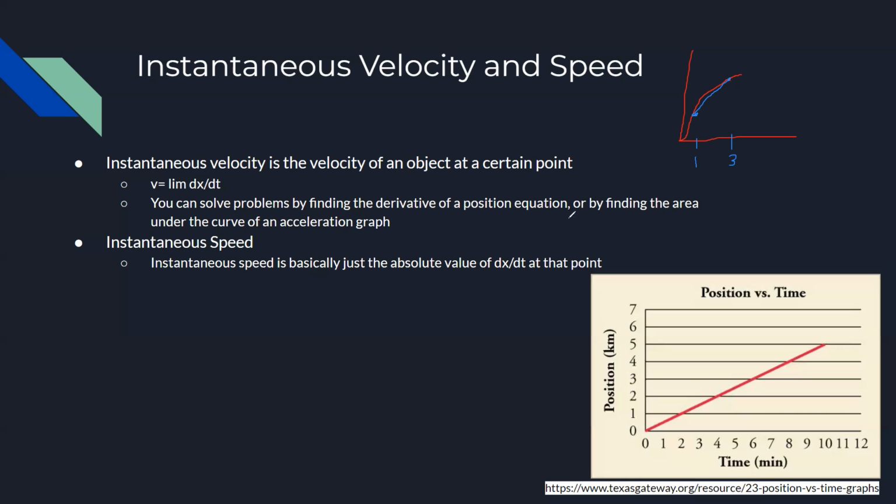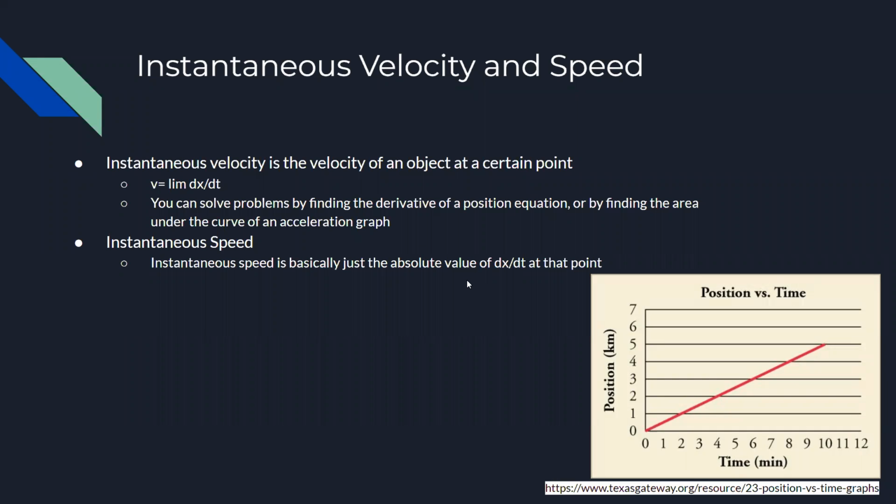But basically, the instantaneous velocity is the velocity over a very small amount of time. You can solve these problems by finding the derivative of a position equation or by finding the area under the curve of an acceleration graph. I'll go over that more later on, and I'll bring in integration also.